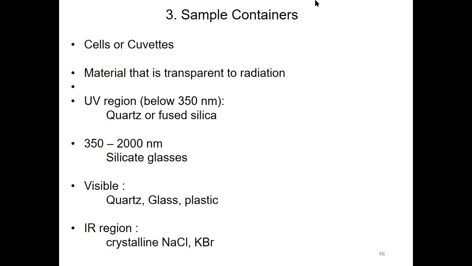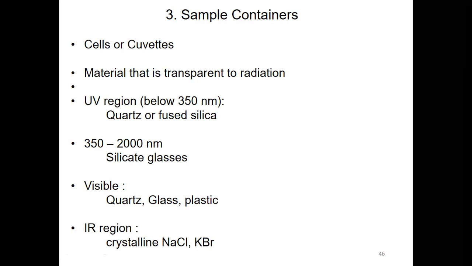When we do any analysis, we should have the sample, and there should be a way to place the sample into the instrument. So in that case, we need sample containers.